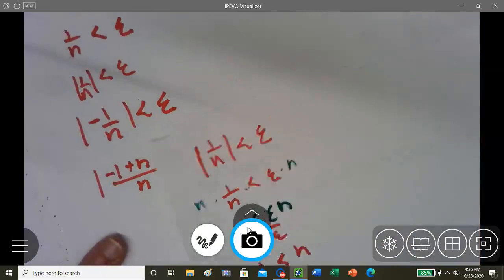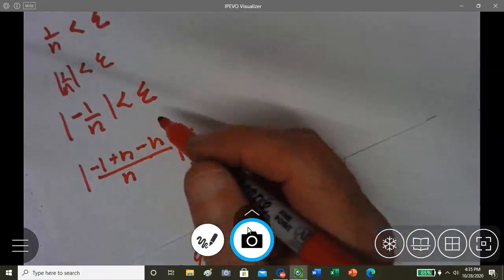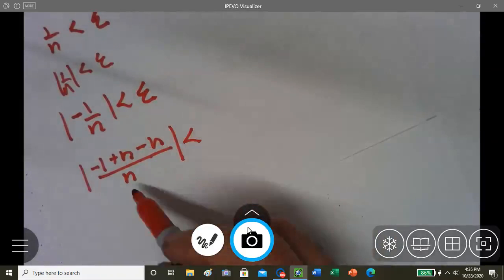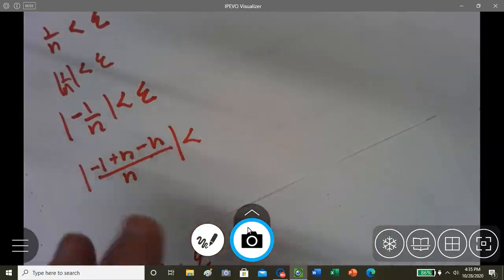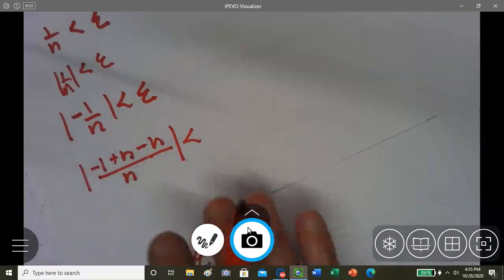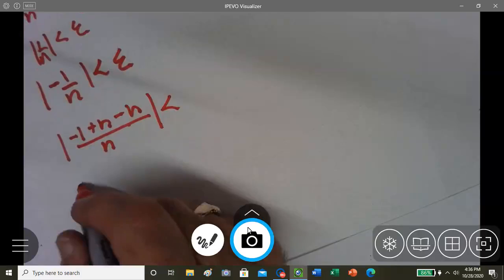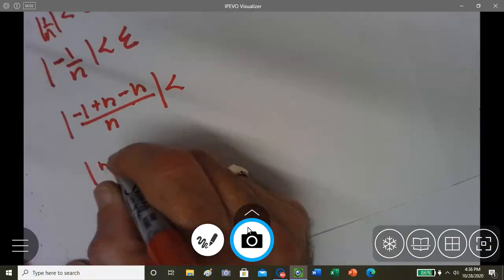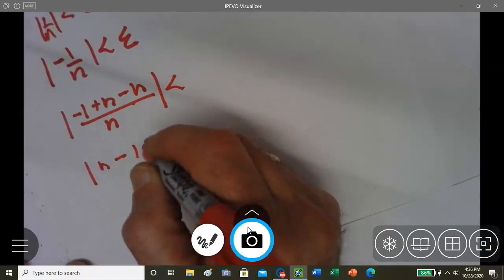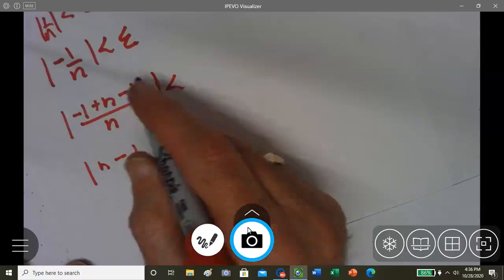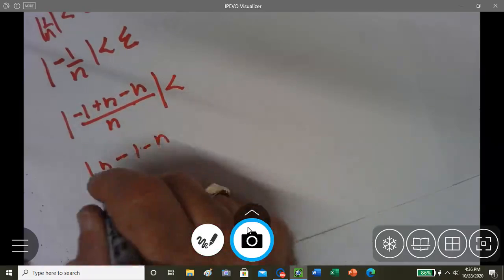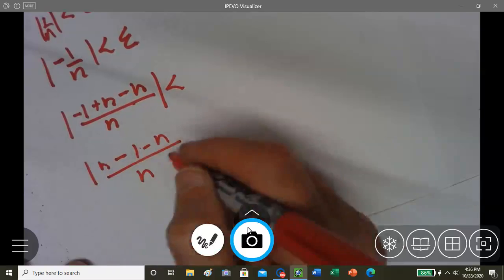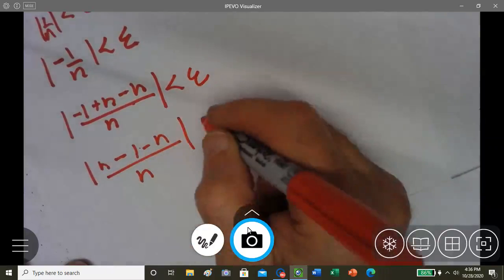So all we're doing now is switching the n and the negative 1. So that's n minus 1 minus n over n, and that's all less than epsilon.